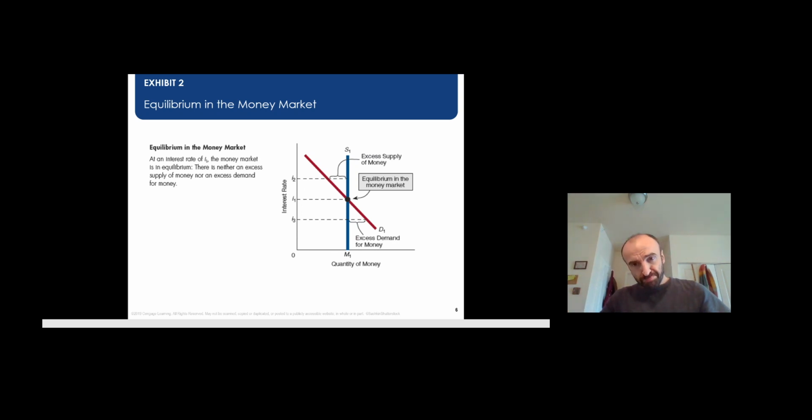Okay, so what's going to happen if the interest rate is lower for whatever reason? We will have excess demand for money. If the interest rate is lower than this equilibrium interest rate that clears the market, equalizes supply and demand, we'll have excess demand and lower supply. And what's going to happen here? That's essentially a shortage of money.